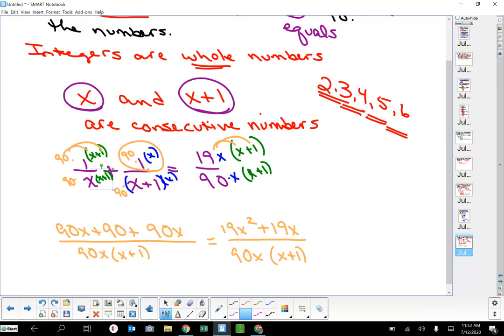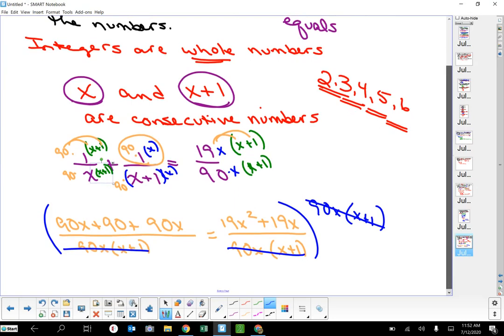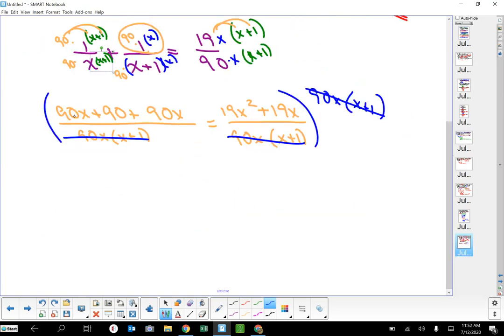All right, well, we know that we can multiply this entire thing by 90x times x plus 1 and get rid of the denominators, right? So that now leaves us, let's combine some like terms. We have 180x plus 90 equals 19x squared plus 19x.